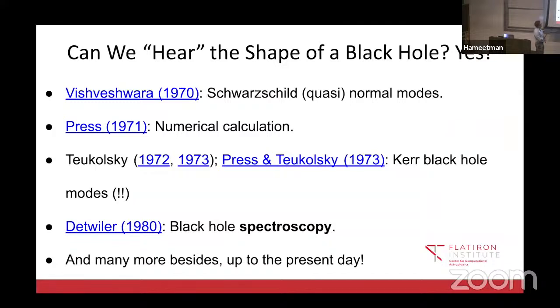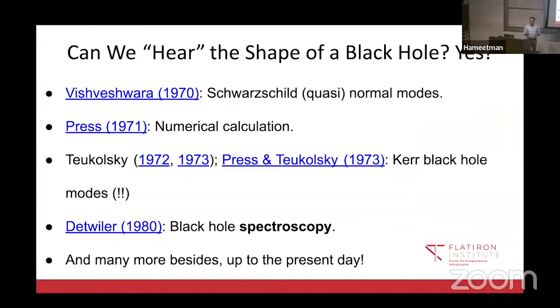Famously, Teukolsky deriving the Teukolsky equation that describes perturbations to Kerr spacetime, calculation of the eigenfrequencies, the idea that we might do black hole spectroscopy, right? Spectral lines in black holes and gravitational waves, just like spectral lines in atoms. And of course, thousands of references up to the present day.